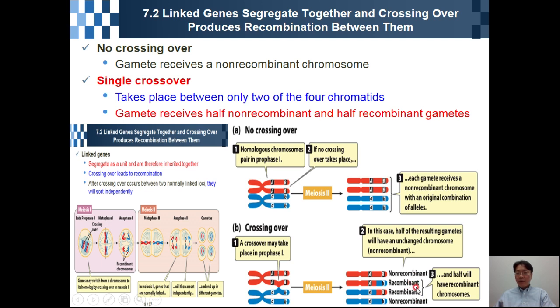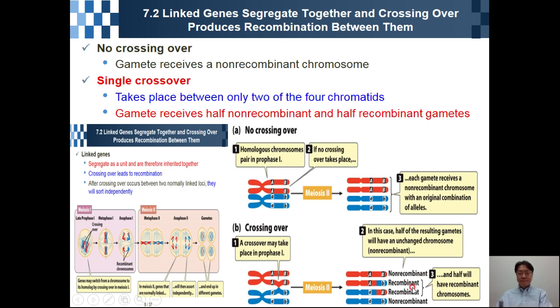And half will have a recombinant chromosome like this, large A, small b, and small a, large B. This is a recombinant gamete. So once again, when a single crossover happens, it takes place between only two of the chromatids, and half of the gametes are non-recombinant and half are recombinant like this.